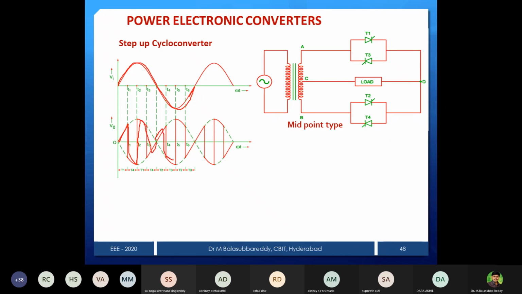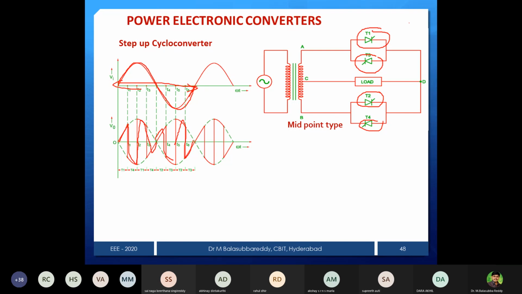And this is 3, positive and negative, and then 4. So in one full cycle of the AC supply, I am getting 4 cycles in the output. That is the reason you can say the output frequency is 4 times. And it is the same operation: positive T1 and negative T4, and again in the negative half cycle positive T3, negative T2 only.